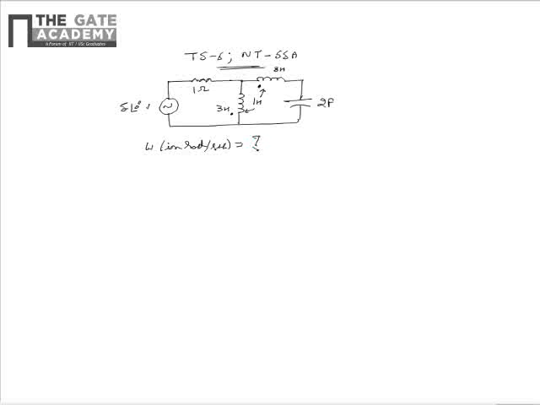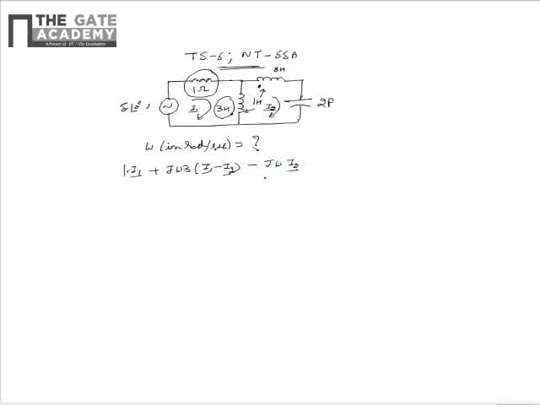From the given circuit, we see that if we assume mesh currents I1 and I2 in the given circuit, by applying KVL to each of the meshes, we can get the equations as 1 multiplied by phasor I1, that is the drop across the 1 ohm resistor, plus j omega 3 multiplied by phasor I1 minus I2, that is the drop across the 3 Henry inductor due to self-inductance, minus j omega I2.